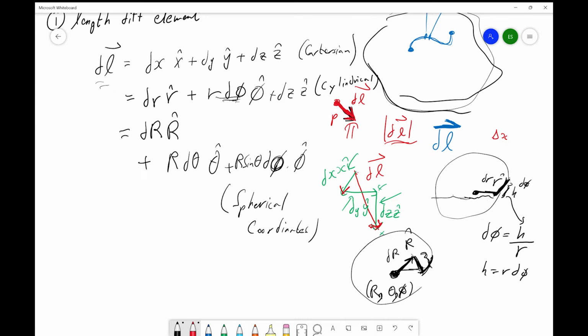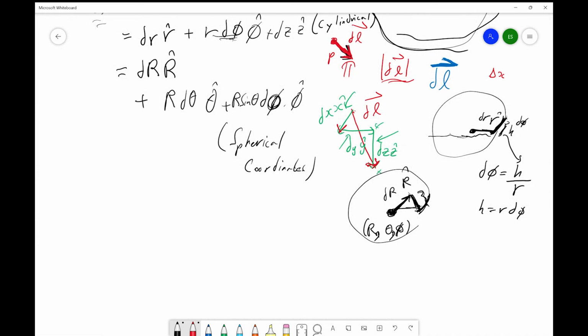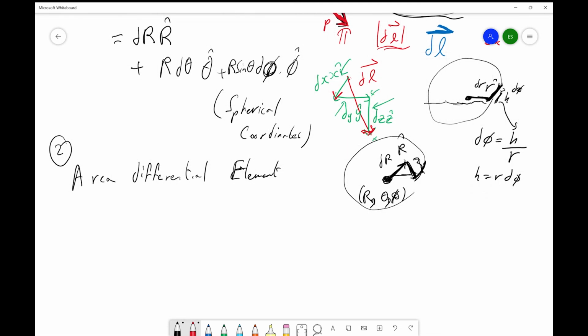Okay. Now, from the length elements, we can derive what are called area differential elements. Starting at a point, I can use the Cartesian system.